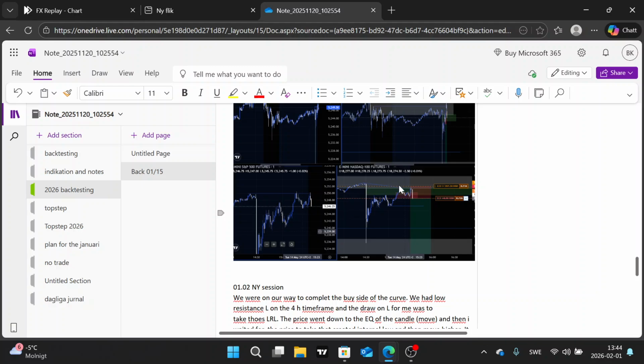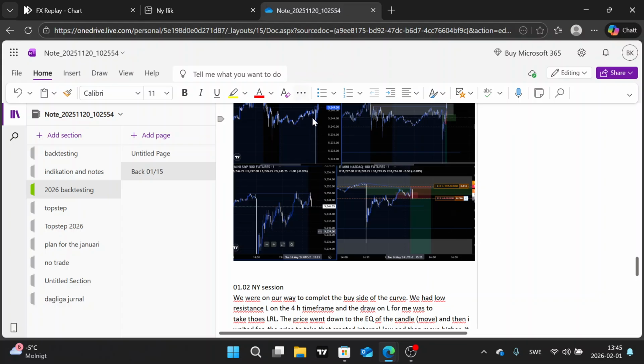Having this SMT at the high would not be a strong confirmation that the price goes down all the way here, as I was thinking. The price could go down temporarily, which it did, and that SMT would mean that.